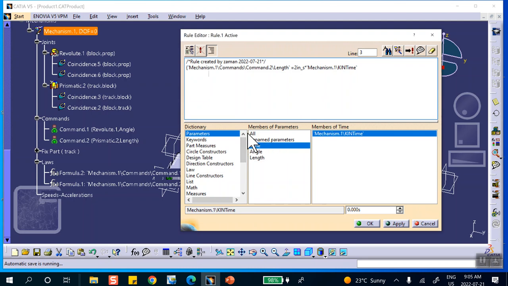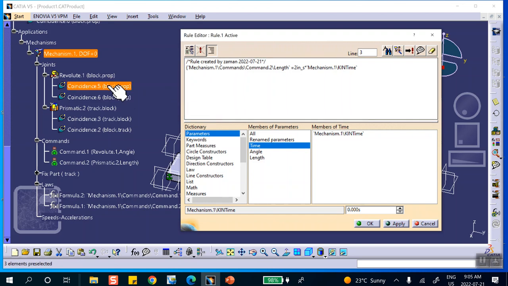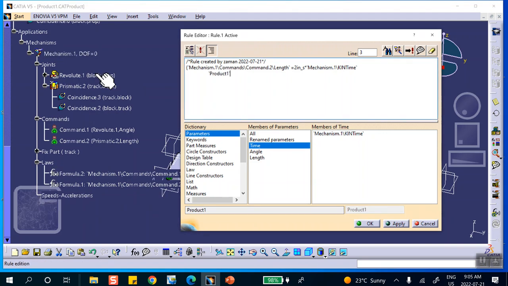angle. Let me click on my mechanism so that I got them all. Hang in there. Okay, so I can select it from here. This was for the prismatic one, for the revolute one. Oh my God, what did I do?